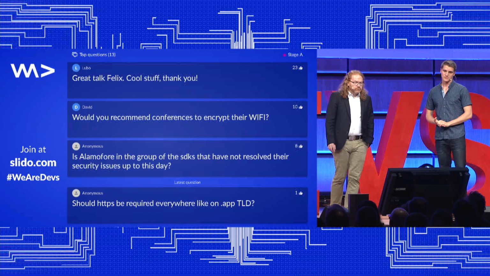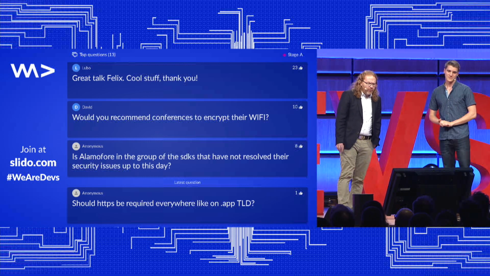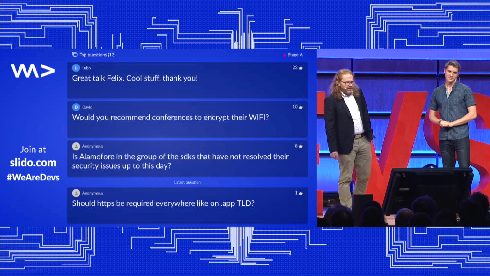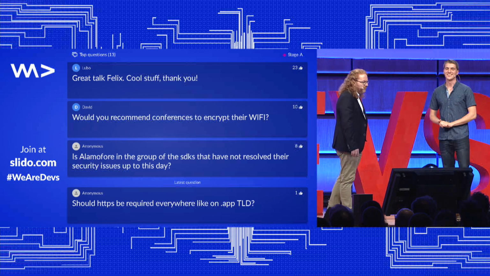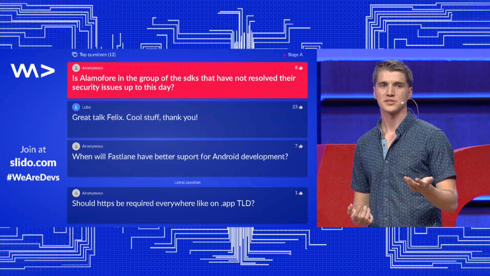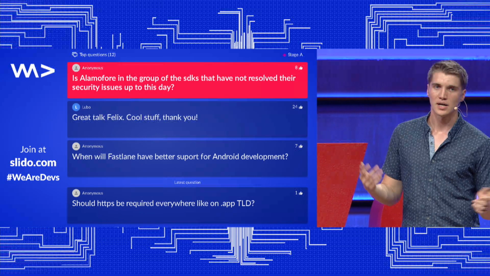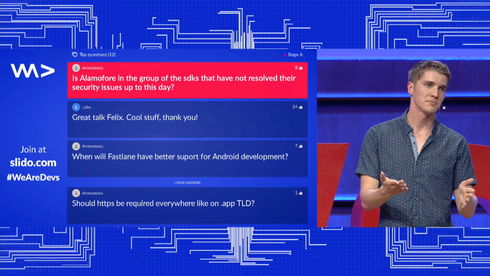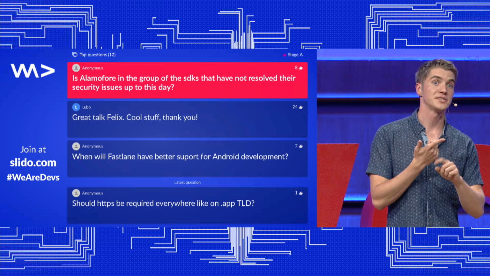Wow. OK. Is Alamofire in the group of the SDKs that have not resolved their security issues up to this day? No, it's not. Alamofire is also open source on GitHub, so you're not affected by this. Because if it's GitHub, it uses HTTPS or SSH by default.